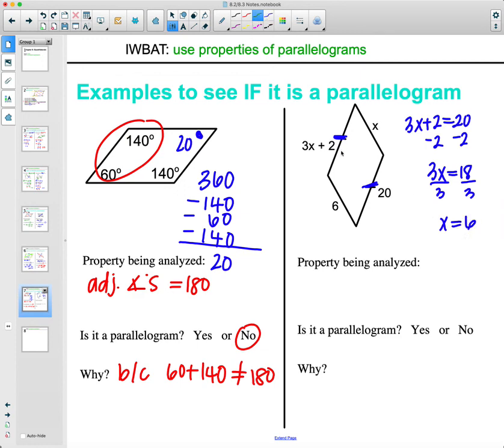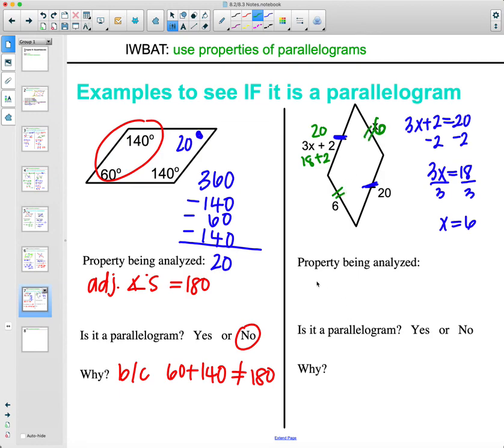So now you can go ahead. So if you plug 6 in here, you're going to get 20, right? Because that's what you just solved for. So 18 plus 2 is 20. So we for sure see those two sides are congruent. Then you can plug it in here and see that now you can tell that this side is congruent to this side.